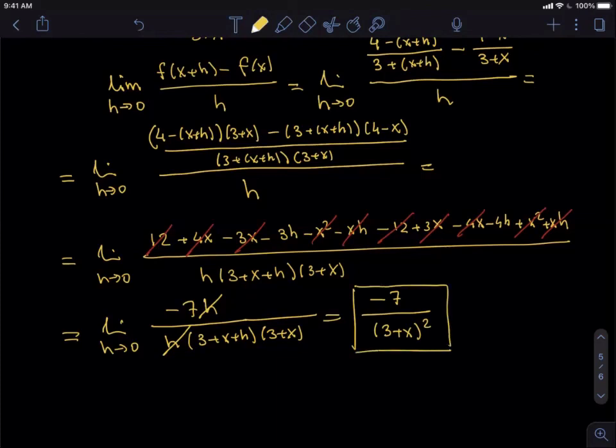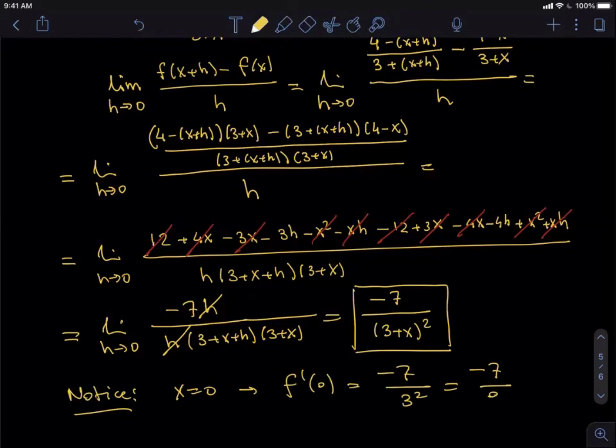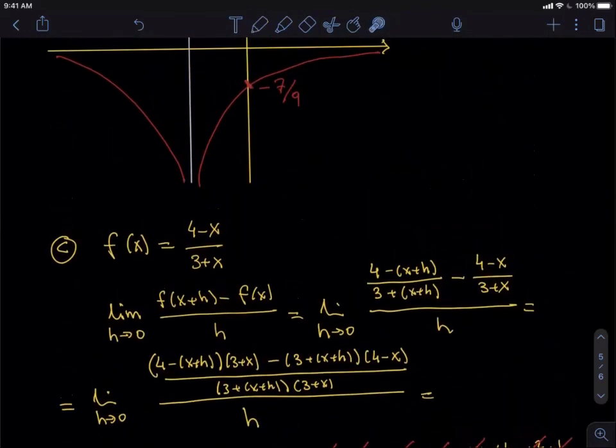Okay, notice when I do x equals 0, f prime of 0 is negative 7 divided by 3 squared, that's negative 7 over 9, which is the number I said before. Okay, that's the crossing with the y-axis of the derivative.